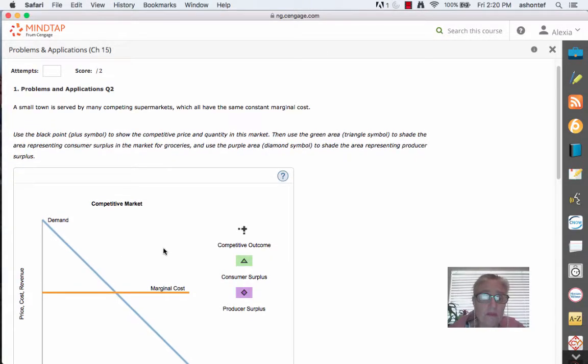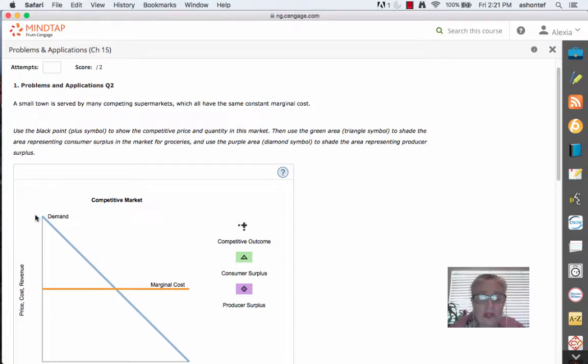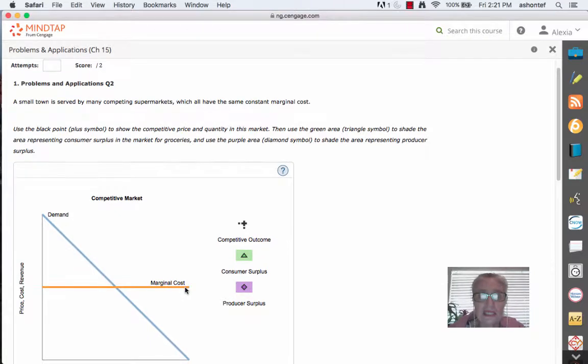This is, again, a perfect competition type of idea. The consumer surplus is everything above the price line and below the demand. And remember, in perfect competition, the price that's charged matches where marginal revenue and marginal cost intersect.